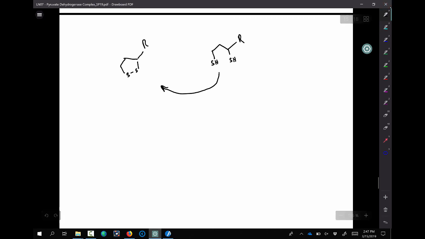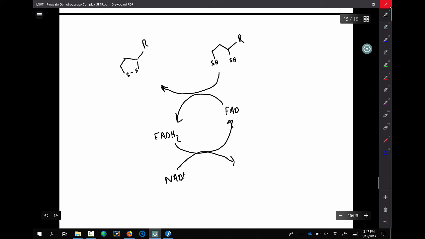Those are going to give electrons to FAD, making FADH2. FADH2 is going to give its electrons to NAD+, making NADH plus a proton. This will go on to the electron transport chain.